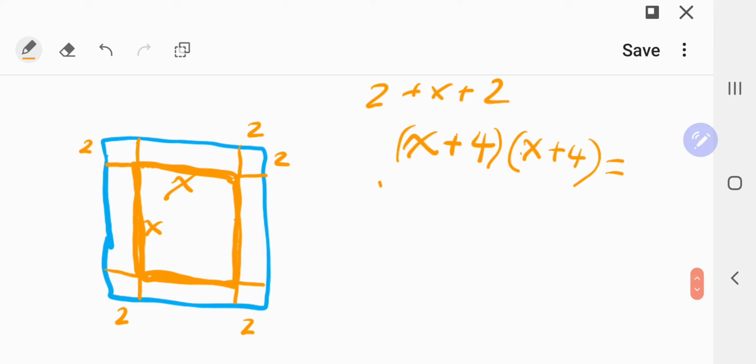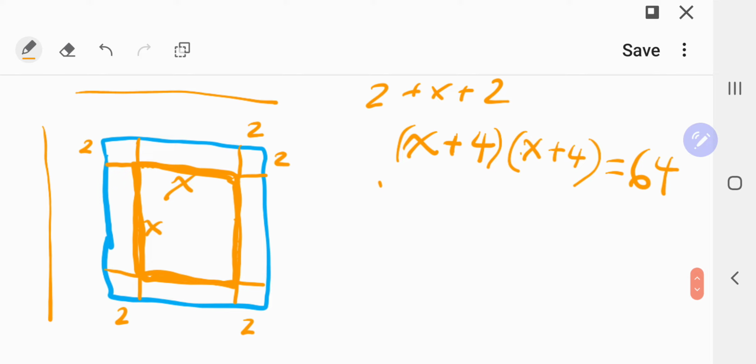So the tent, this whole big square that is x plus 4 on one side and x plus 4 on the other side, cannot be bigger than 64 square feet. In fact, I want it to be exactly 64. The question is, what is x? How much room am I going to have inside the little square?